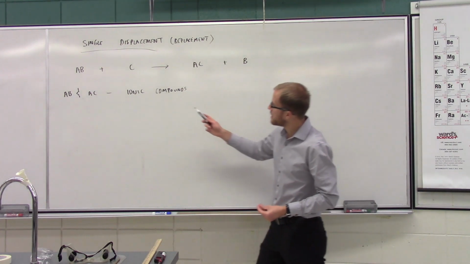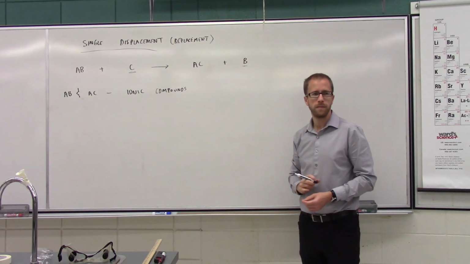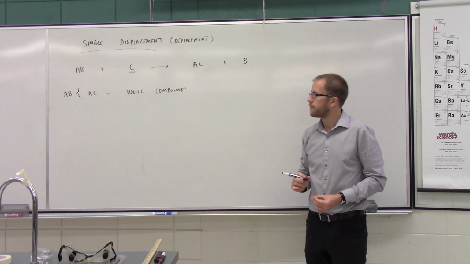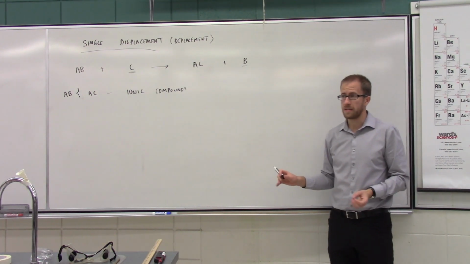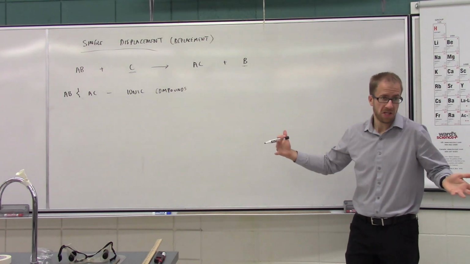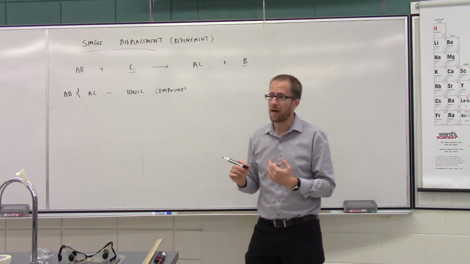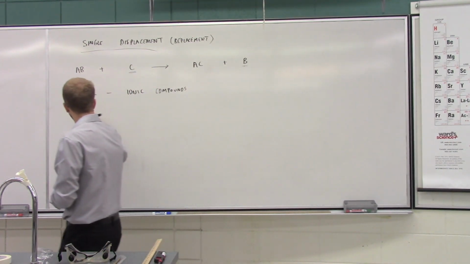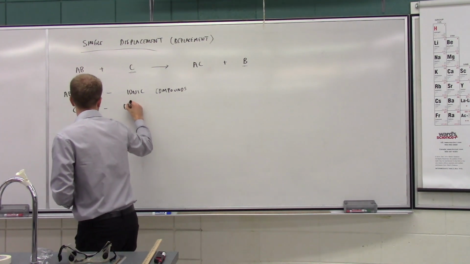So what do you think the C here represents? Or the B here? Those represent either elements or perhaps polyatomics that can be turned into ions, right? So C and B, for our purposes, are effectively elements that obviously can form ions. So we'll just say C and B here are elements.